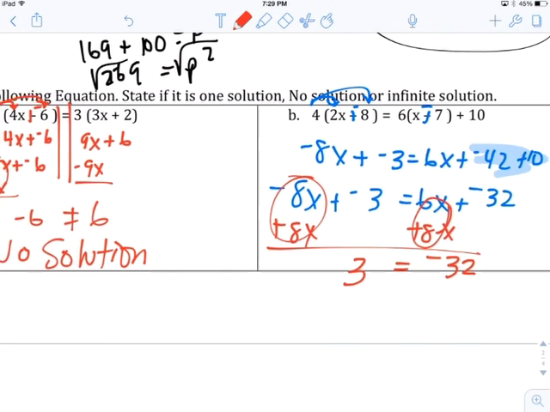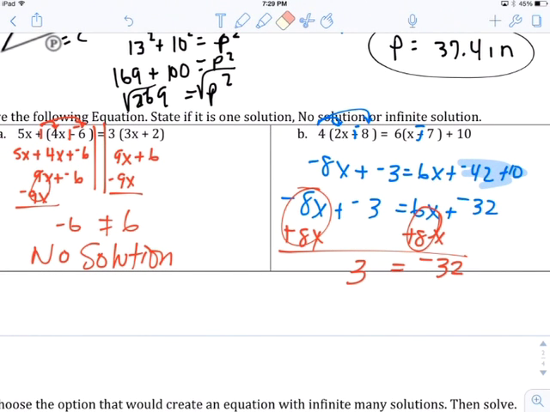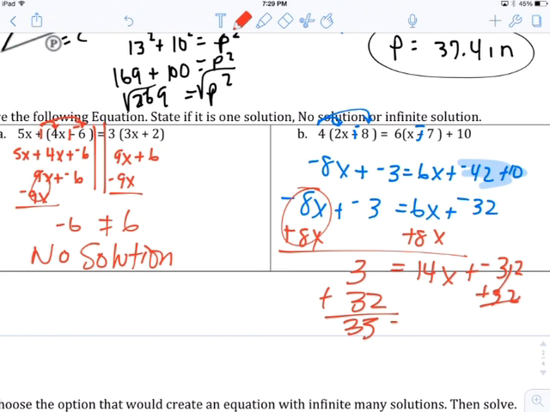No solution. Oh no, that's not 0 here. So wrong, that's 14x. Add 32. 35 equals 4x, divide by 4. That's your answer.